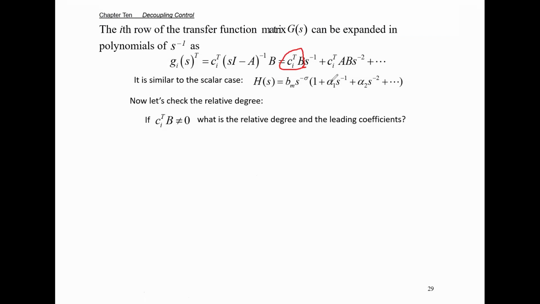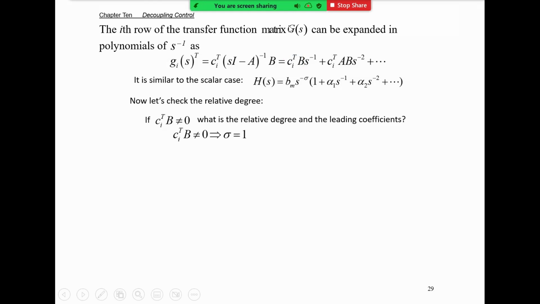Imagine this is just a scalar case. It will be 1, because this corresponds to sigma equal to 1. Is that clear? And this will be the leading coefficient.